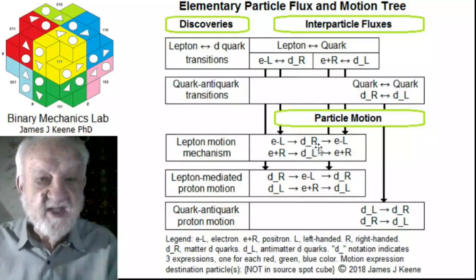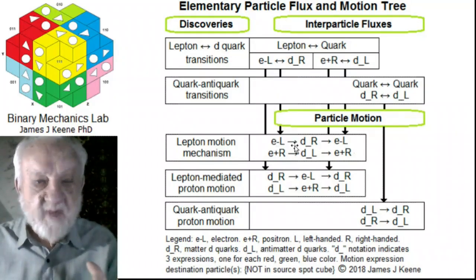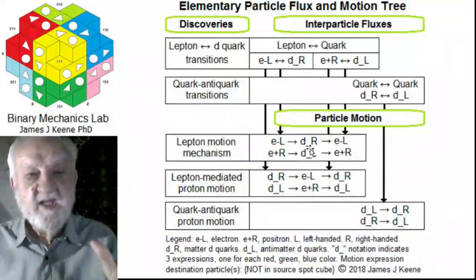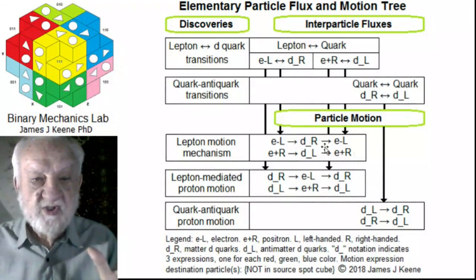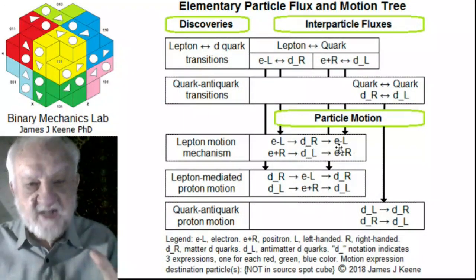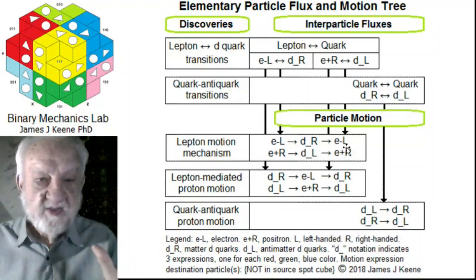If we just string the items together, shown above, lepton motion mechanism can be determined. In other words, for an electron to move, that's our left-handed electron spot, quanta must pass through the right-handed d quarks to get to the next electron spot. So this would be quark-mediated electron motion.